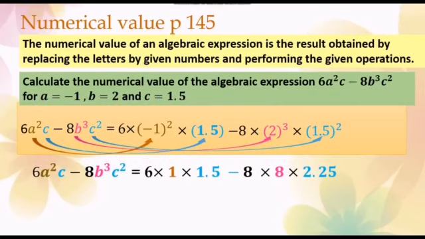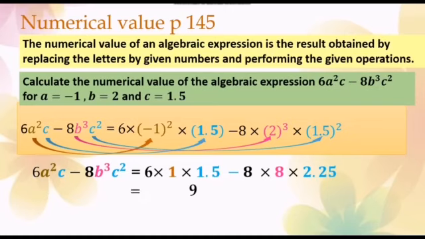So the answer will be 6 times 1, because minus 1 squared will be 1, times 1.5, minus 8 times 8, because 2 to the power of 3 is equal to 8, times 2.25, because 1.5 squared is equal to 2.25.